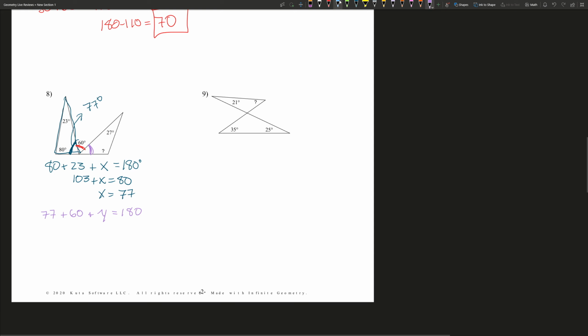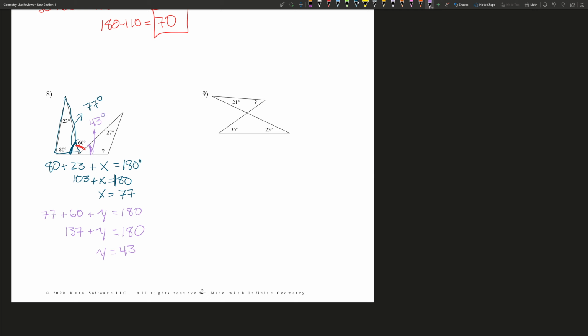Sorry, everything else is right, though. So if we solve for Y in this purple equation, 77 plus 60, that's 137. So 137 plus Y is equal to 180. And then Y would equal 43. So now this purple angle is 43 degrees.